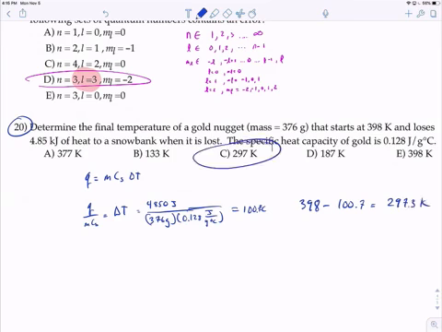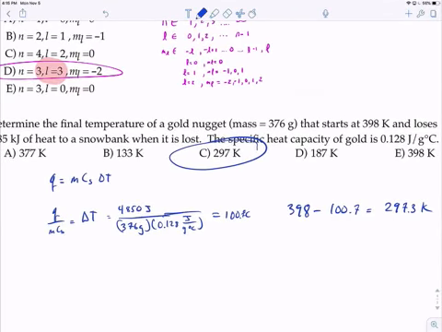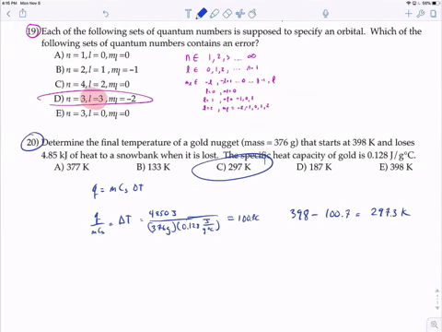So heat is mass times specific heat times change in temperature. We can solve for change in temperature and we get 100.7 degrees Celsius. Initially 398 Kelvin, it's thrown in the snowbank, so it's going to lose that temperature. So 398 minus 100 degrees is 298-ish, as shown there.